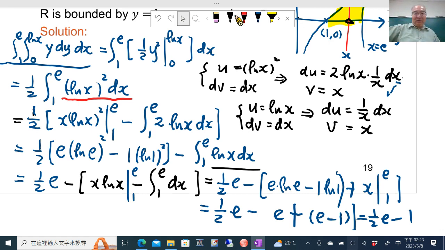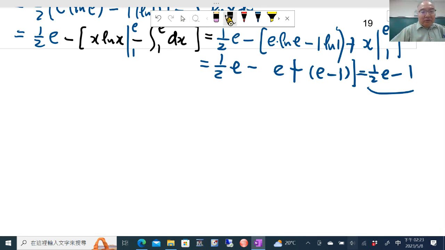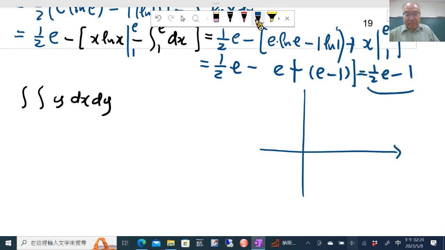So let me try to do the integration of this same question. However, I'm going to use the order of dx dy. Okay, now I am still using the same domain as they have in here.